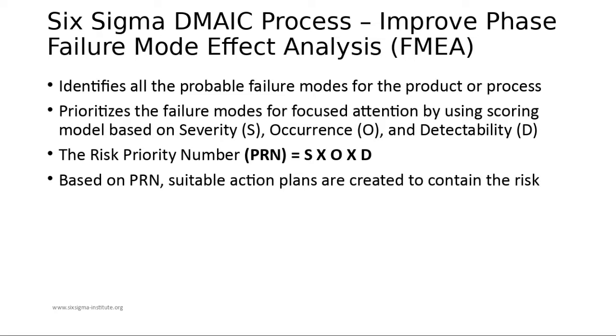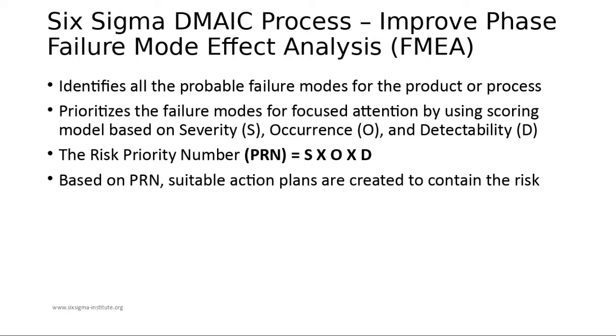Another tool that can be used is the failure mode effect analysis, which is to identify the failure modes in the product or the process, to prioritize and rank the failure modes, and to decide how to pay attention to them when they appear.